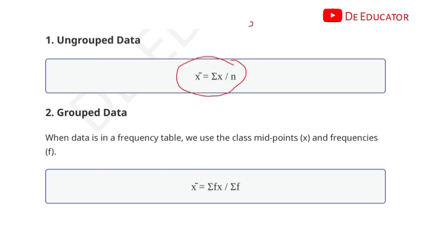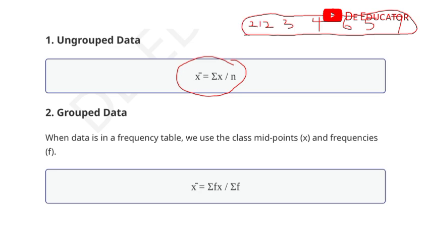For example, if I have 2, 3, 4, 6, 5, and 7, and I'm asked to calculate the mean of this set of data, how will I do it?